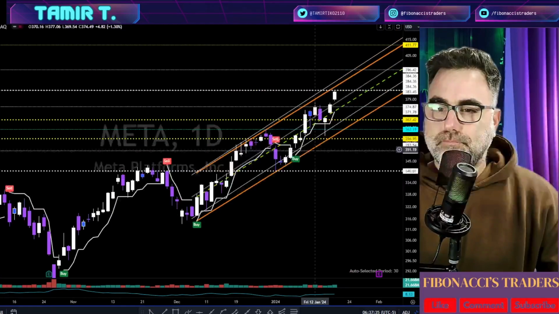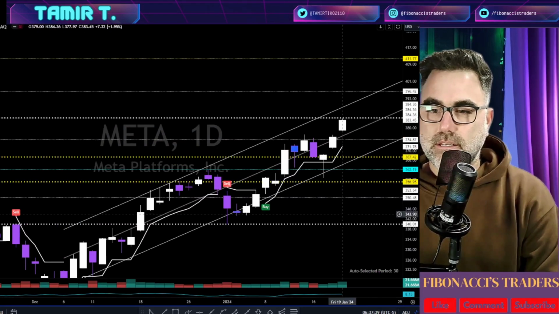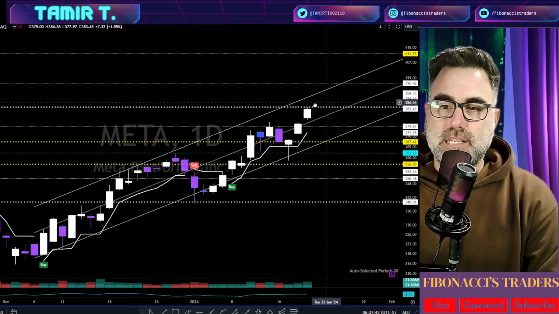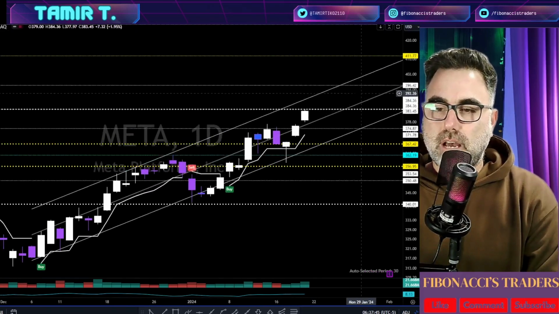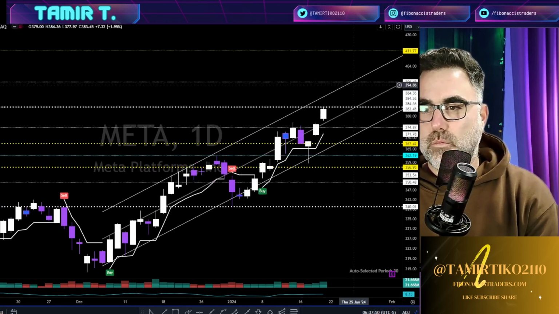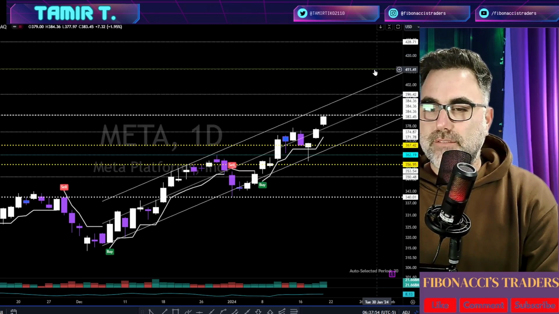Meta, we don't need our trend lines because the FTI gives us the trend lines, and the trend is your friend. And as long as Meta is inside this uptrend channel, we are heading north. Above it, we will see 396 and then 411 to the upside.